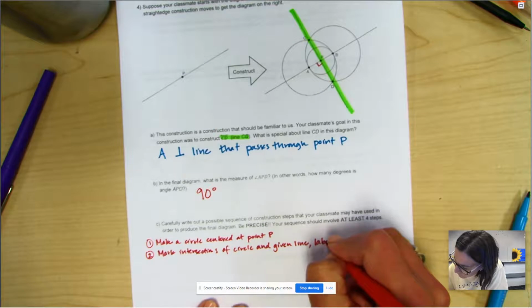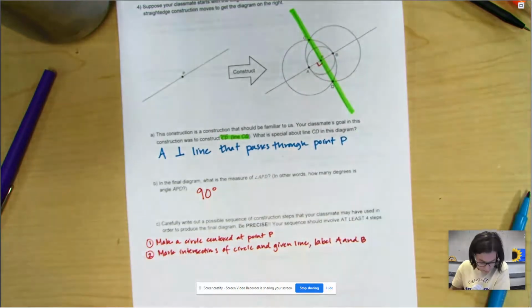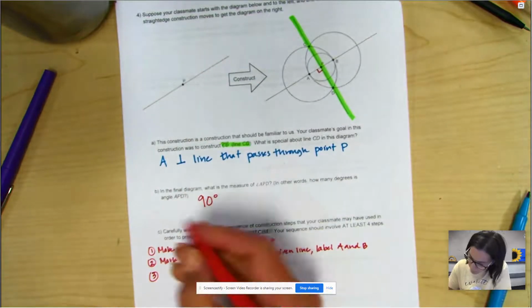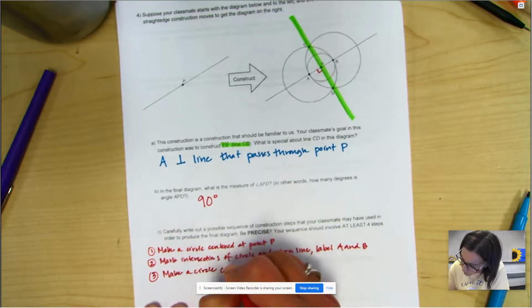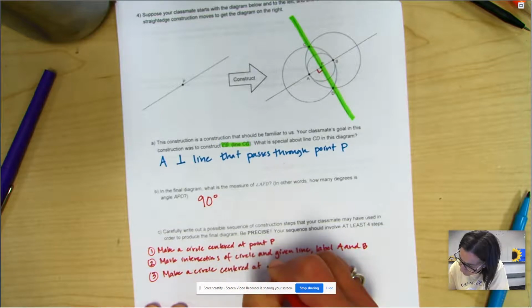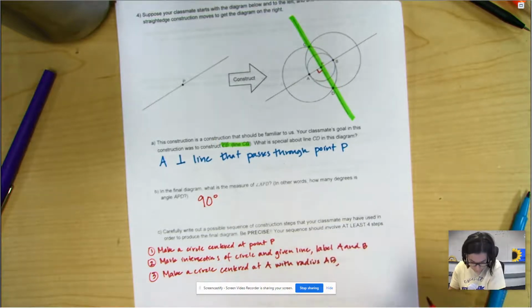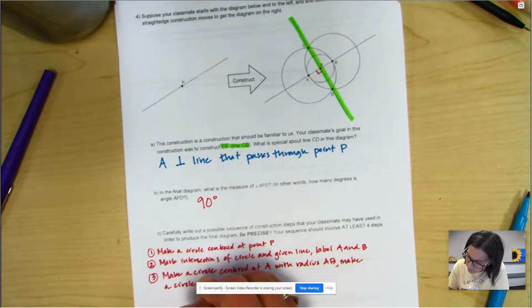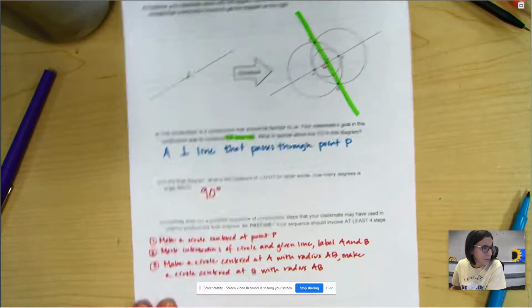Label those A and B. Then, after they had two points, make a circle centered at A with radius AB, and make a circle centered at B with radius AB. Now you have two new circles.